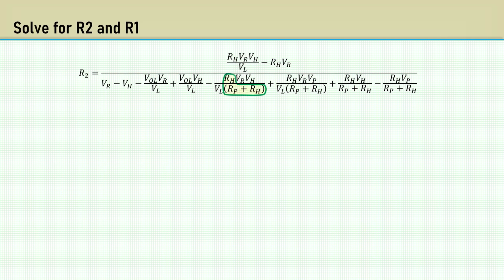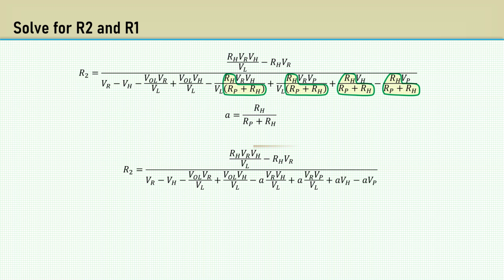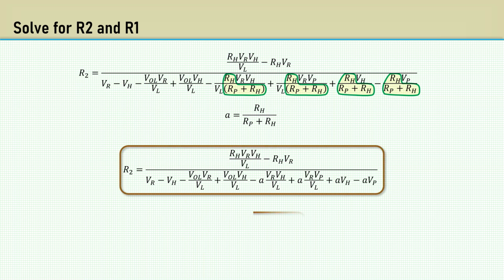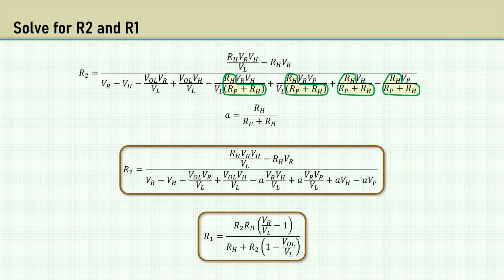RH over RP plus RH appears in 4 places, so it seems prudent to make that a coefficient, which I'll call A. And here it is substituted in the equation for R2. After R2 is calculated, we can bring back the equation we had for R1 to solve for R1.